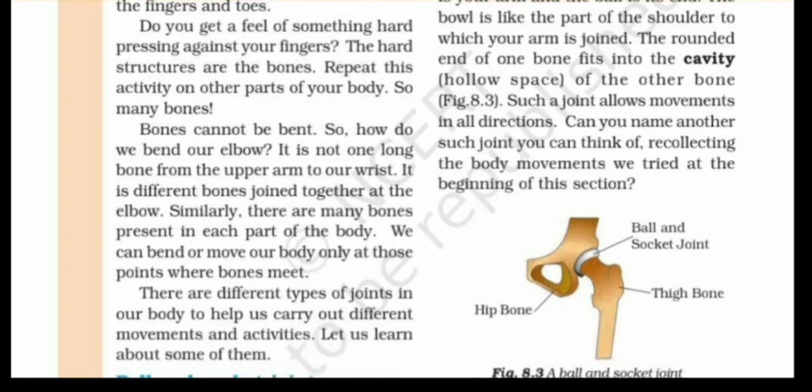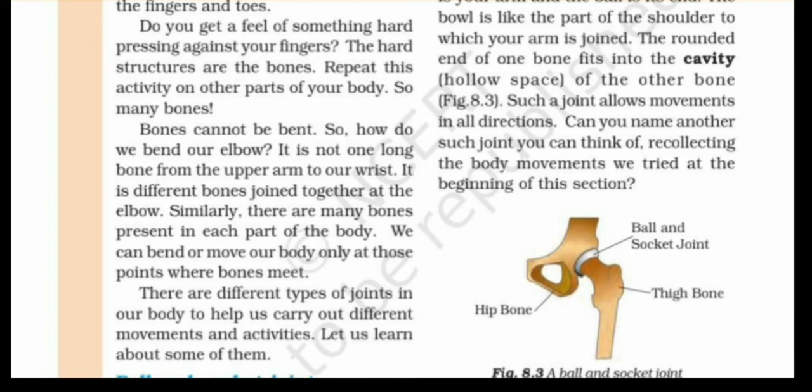Bones cannot be bent. You already know they are very hard. So how do we bend our elbow? It is not one long bone from the upper arm to our wrist. It is different bones joined together at the elbow. Similarly, there are many bones present in our body.